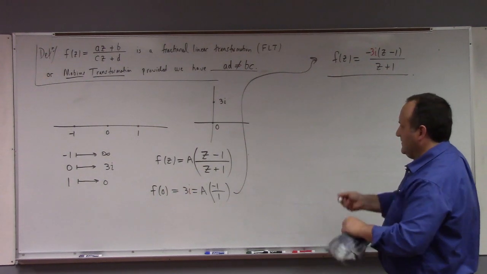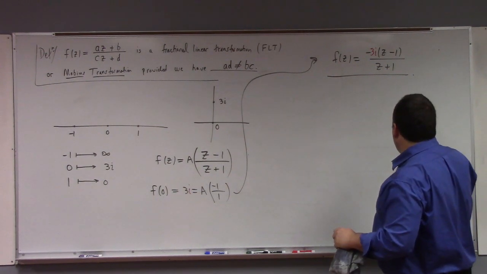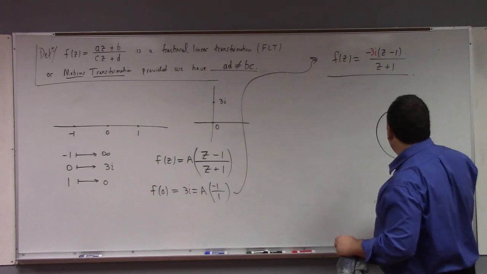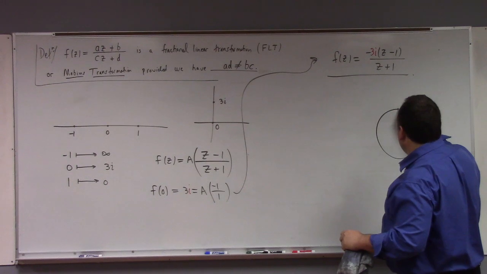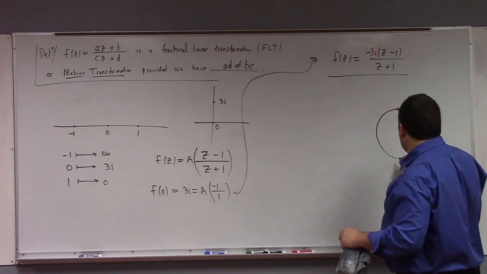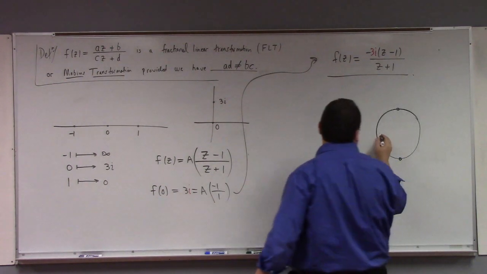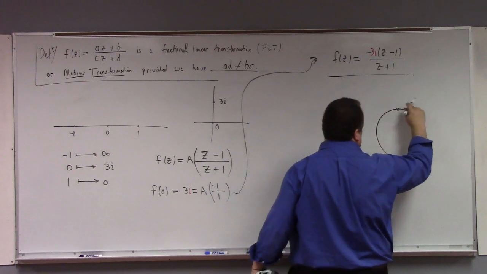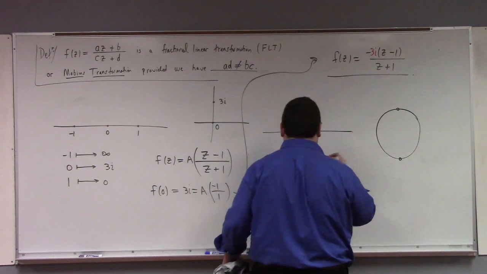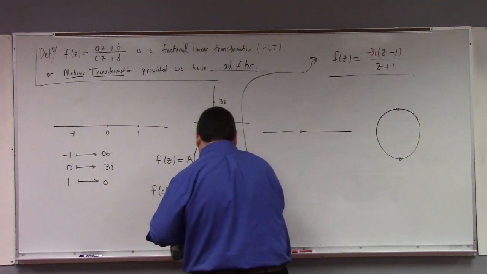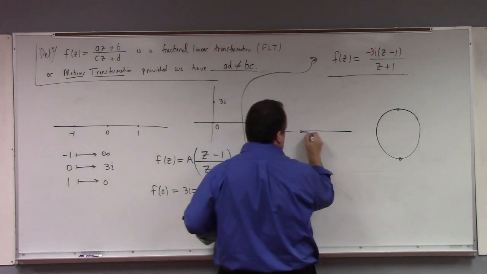So let me just get to the point here. There is a way to take, for example, the unit disk and map so that you take like half of it, and it maps to like this half, over here.